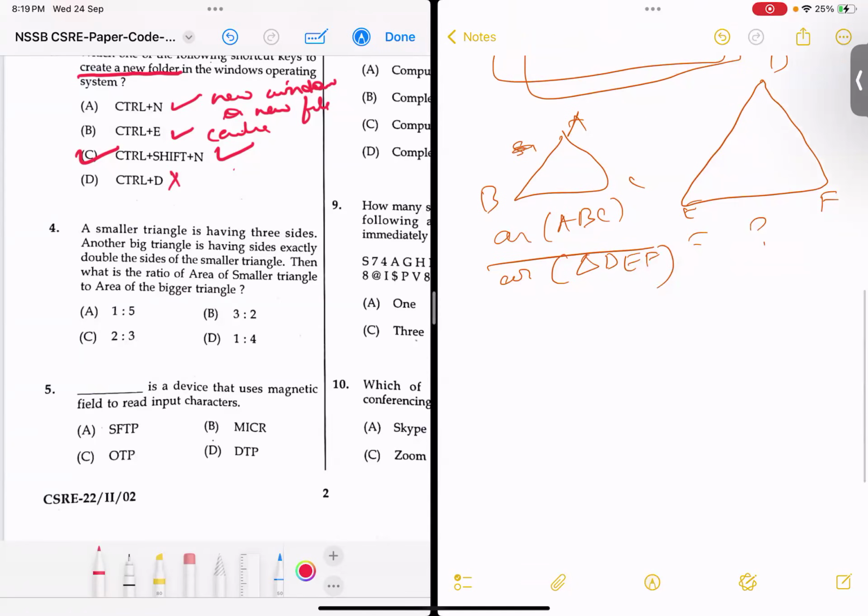Now, here's one thing you have to remember: when it comes to triangles, area is directly proportional to the side square.